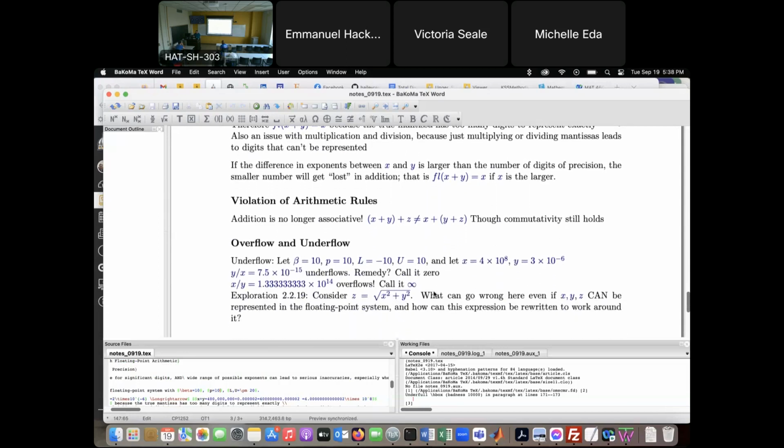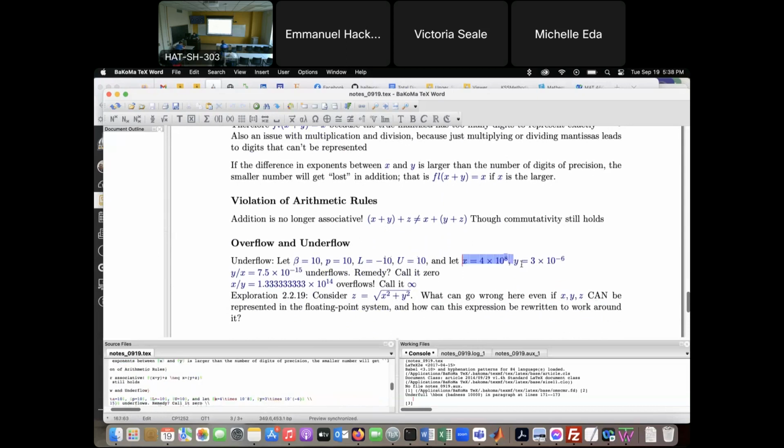Overflow and underflow. This is when we violate the range of magnitudes possible. So here's another sample floating point system. Base 10, 10 digits of precision, exponents between minus 10 and 10. This is limiting, but it's just an example.